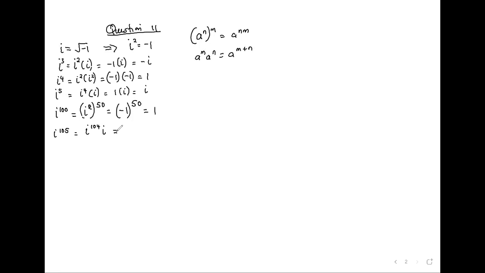But 104 now I can divide by 2, so we have i squared to the power 52 multiplied by i. i squared is -1, so (-1) to the power 52 multiplied by i. This is 52, so -1 to the power 52, that's even. So we get 1 multiplied by i, we get i.